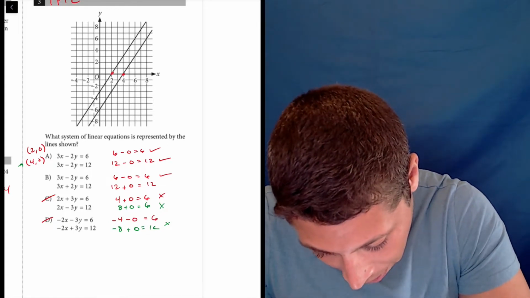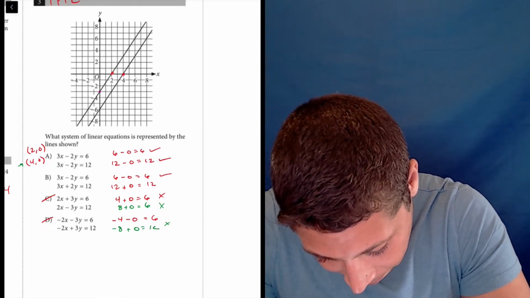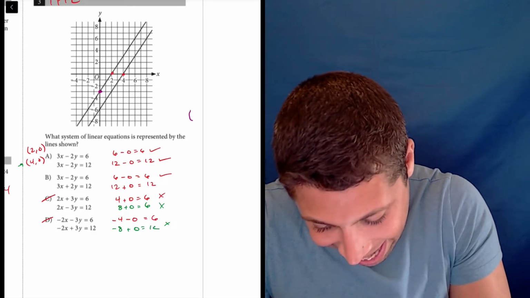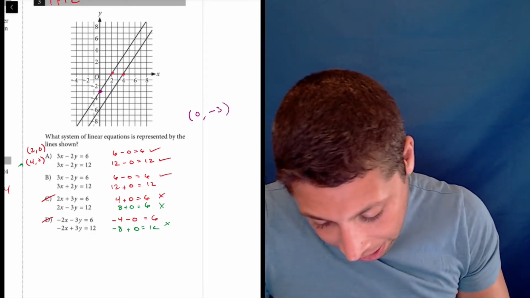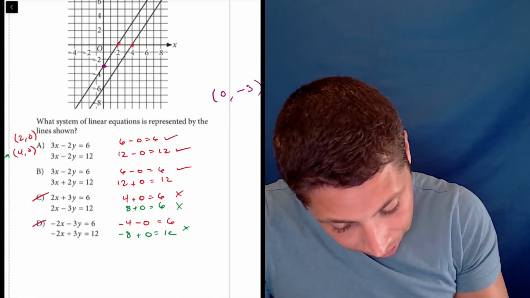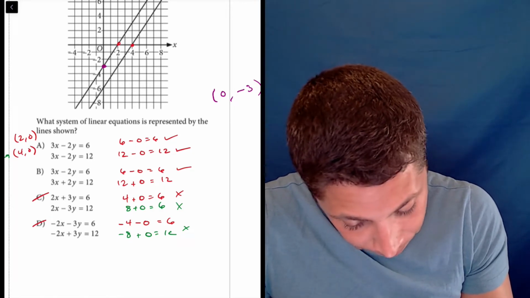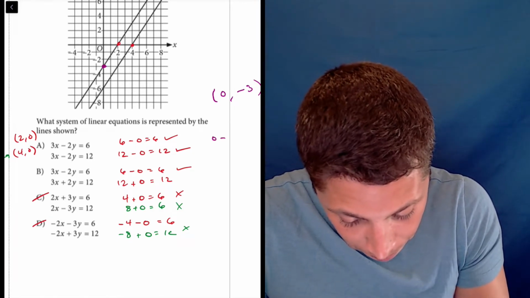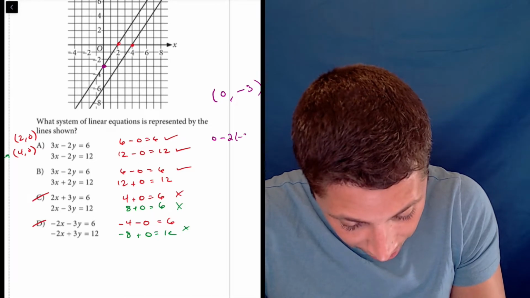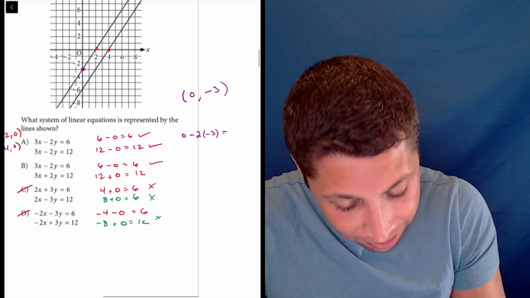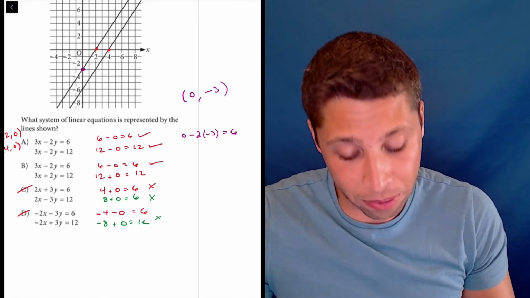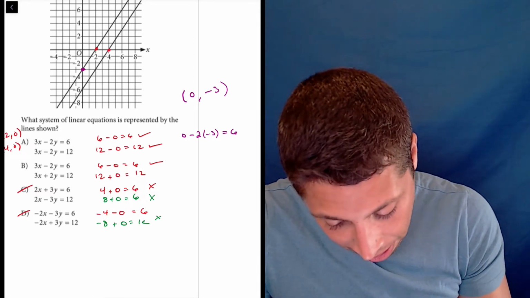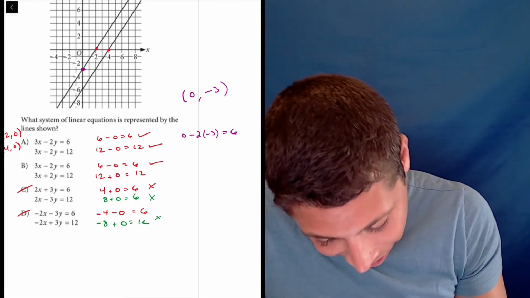So let me try another point, 0, negative 3. If I did that in choice A in the top equation, that would be 0 minus 2 times negative 3 is 6, and that's true because negative 2 times negative 3 is positive 6. Oh shoot, it's going to work.